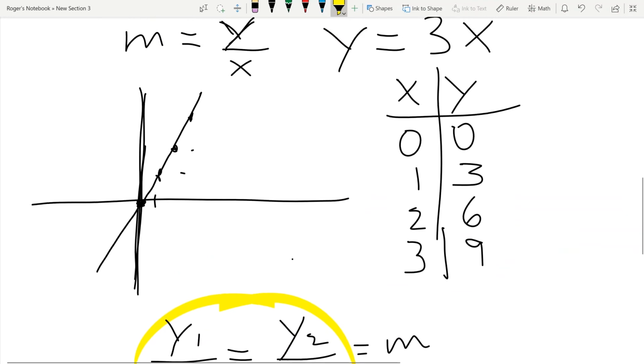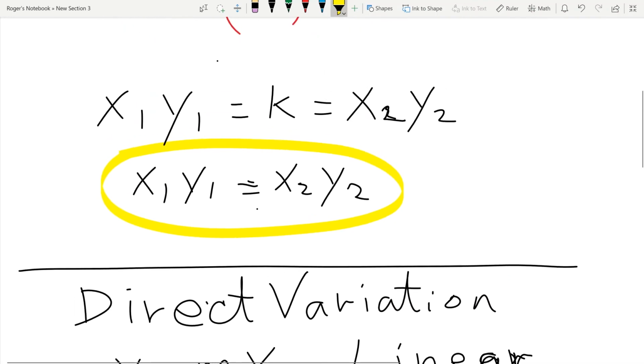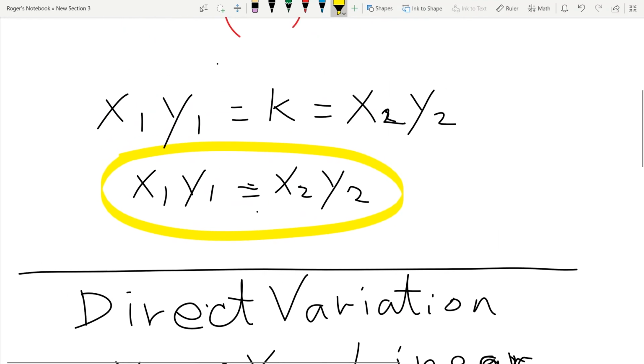Now, in the situation that we're working on here, it's not a proportion, but it works in a very similar way. Notice that we can divide both sides right here, whatever we'd like, either x2 or y2, go either direction.